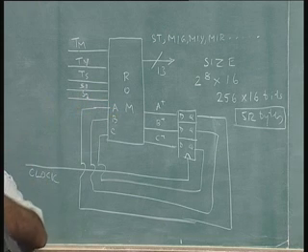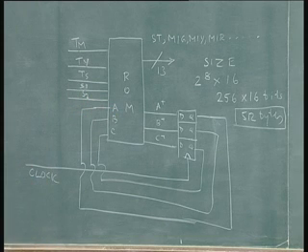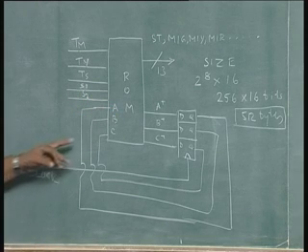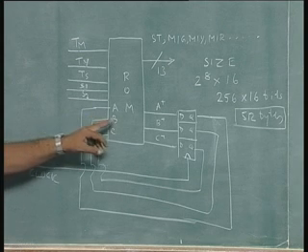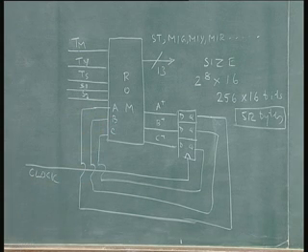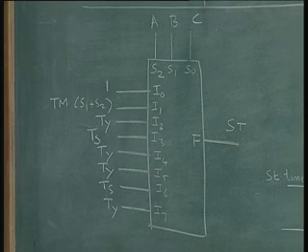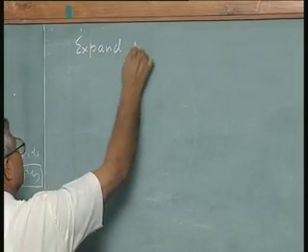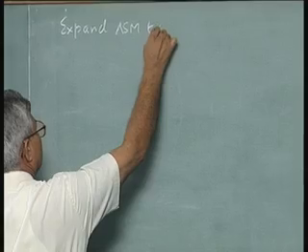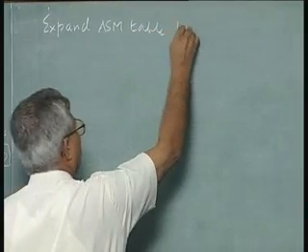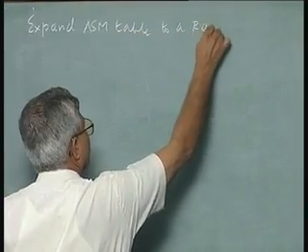We will have to write a row for each of these states and each of the conditions, which means my ROM truth table, or ROM table as it is called, will have 256 rows, each row having 13 outputs. Expand the ASM table to a ROM table. That is all you have to do.